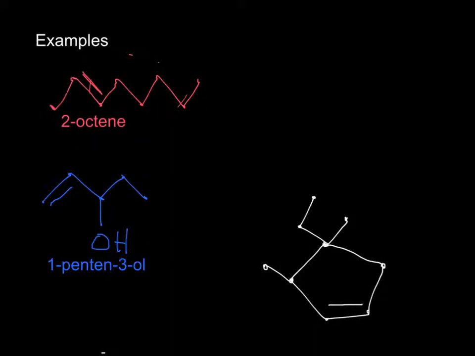There's no alcohol on it. And we don't even have to give it a locant, because by default, it has to be between carbons number 1 and 2. Now, if you said 1-cyclopentene, I'd give it to you, because as long as you didn't give it another number, like if you said it was 3 or 4 or 5, then that would be incorrect.